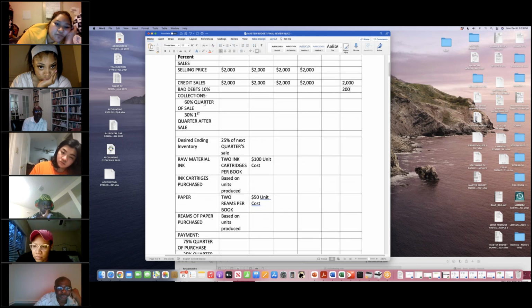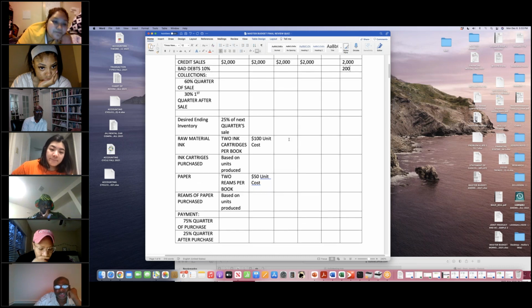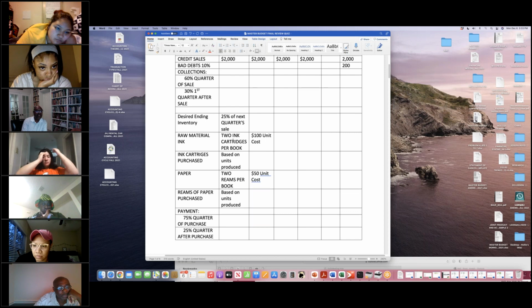And we're noticing we're collecting 60% in the quarter of sale, 30% in the quarter after sale. We have a desired ending inventory of 25%. Then we have 2 ink cartridges, $100 each. So our ink cartridges are going to be what? 200.